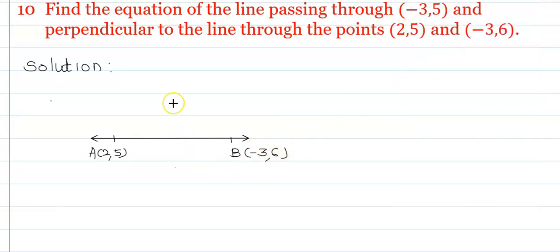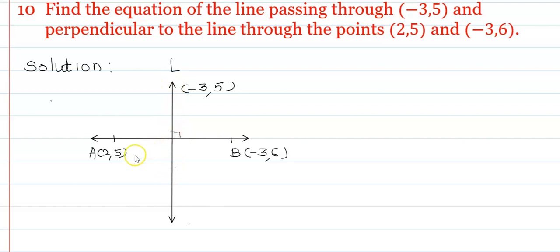Next, there is one more line, and this line passes through the point (-3, 5). We want to find the equation of the line. This L is perpendicular to this line.